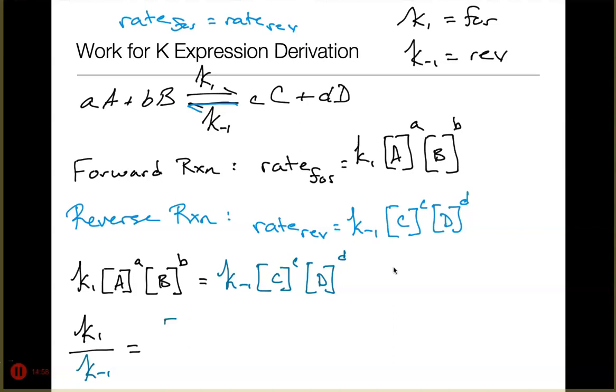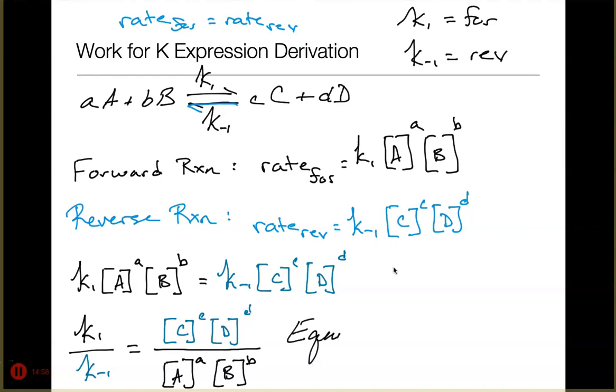That leaves me with my numerator still C to the cth, D to the dth. But now I'm going to pull over my concentrations from the forward reaction, A to the ath and B to the bth. This is going to be our equilibrium expression.